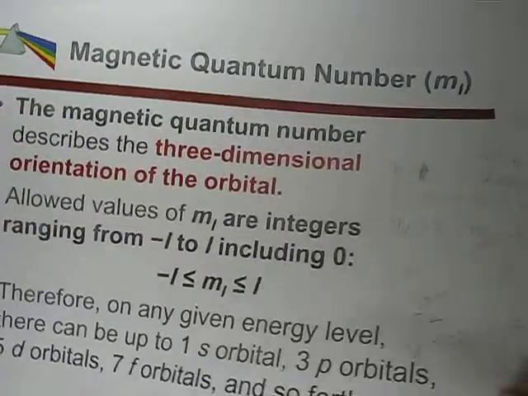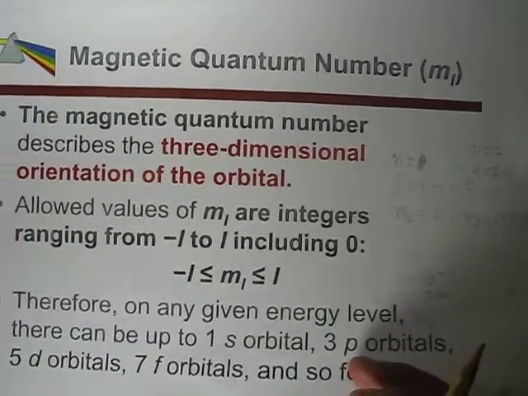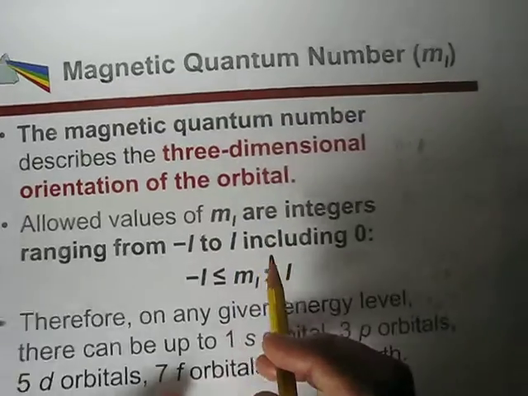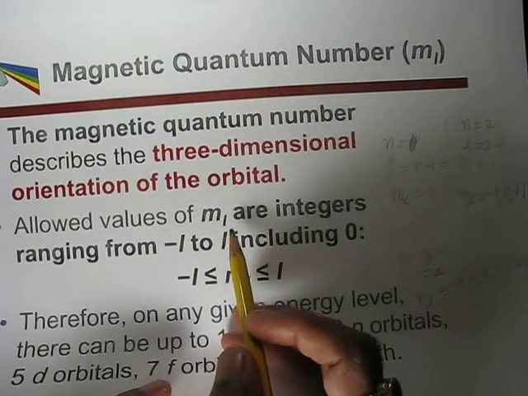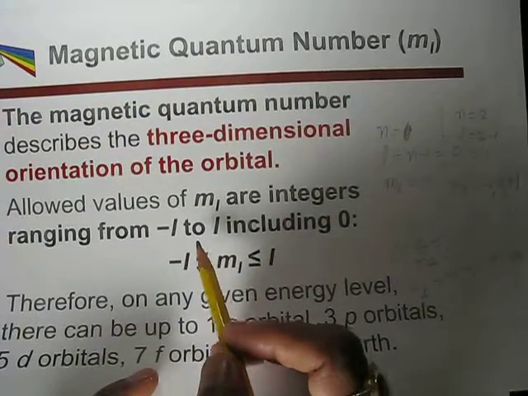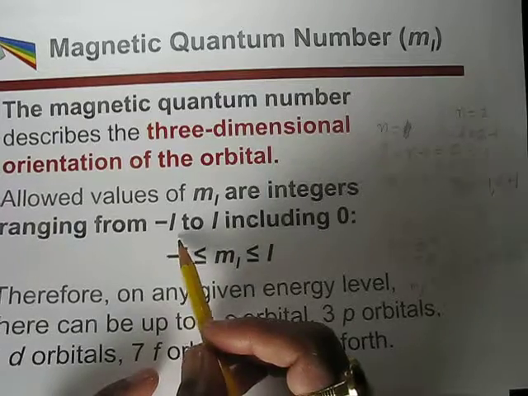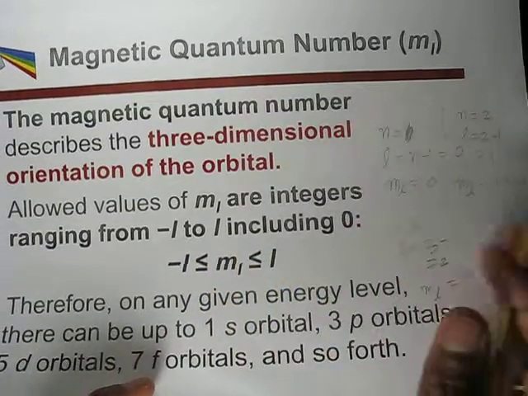So the magnetic quantum number, once again, is represented by small ml, and its values are from minus l to plus l.